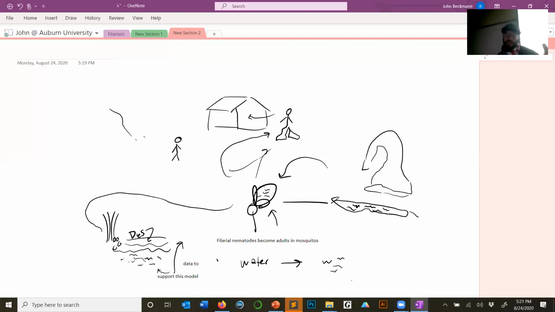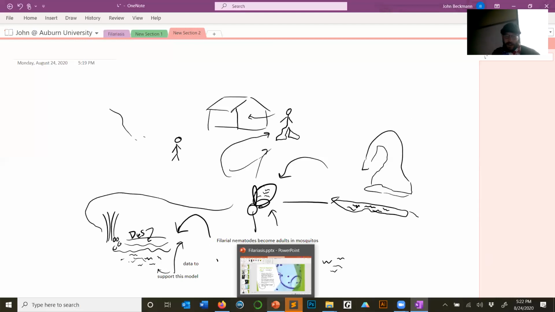So his data to support this idea of transmission through the water was that if you add water to the microfilaria, they start swimming. Okay, so that's his evidence, his logic behind why he thought this. This is not a dumb person. This is just a person who completely follows his own empirical experiments and develops what he thinks from literally his own knowledge.